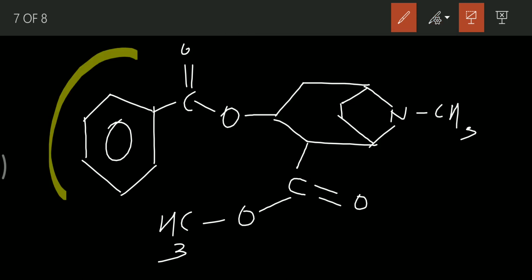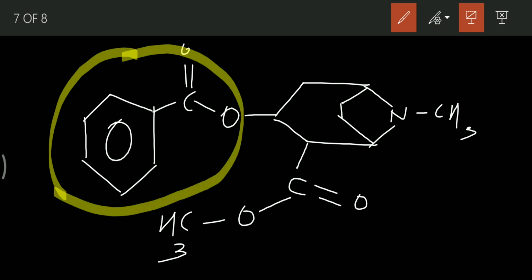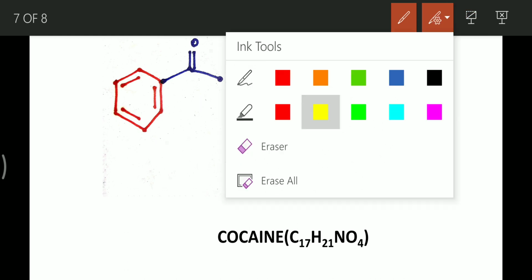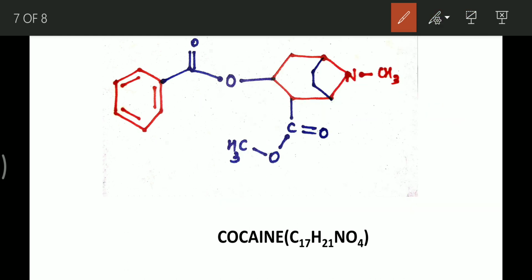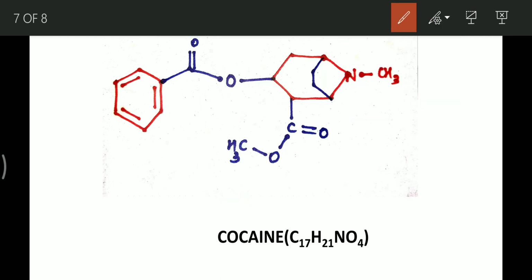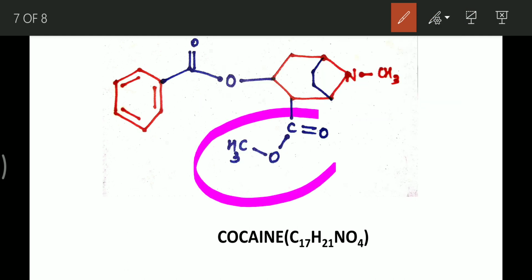This looks like benzoic acid, and this looks like methyl acetate. So if you imagine here, you take this as methyl acetate ester.